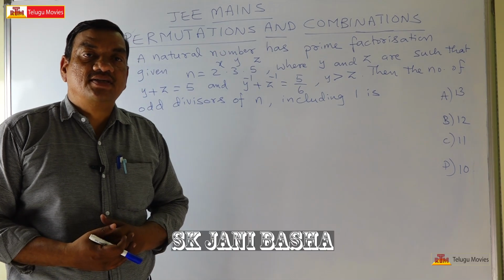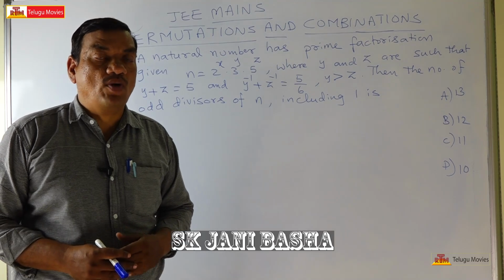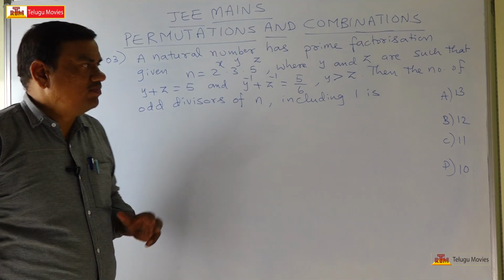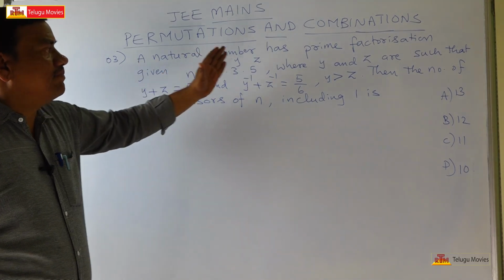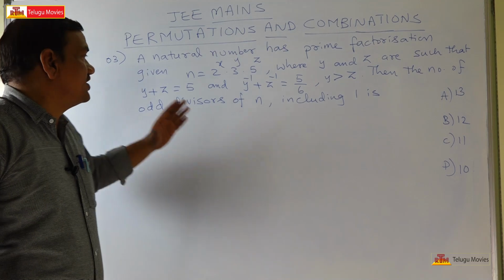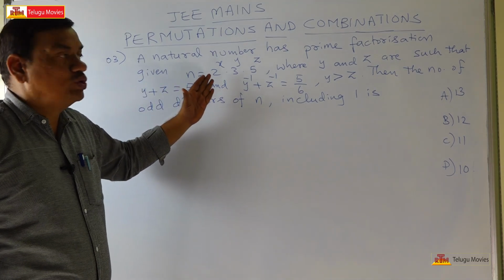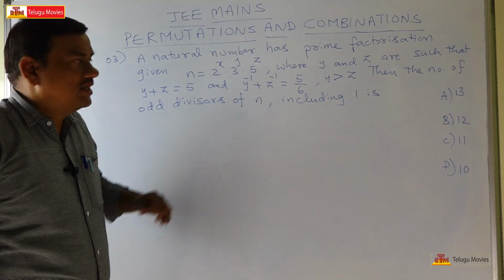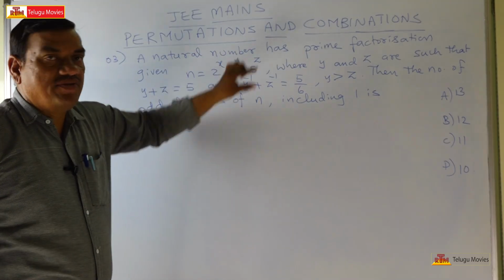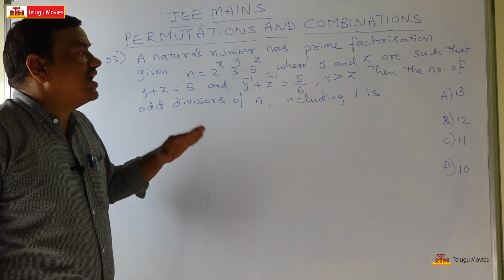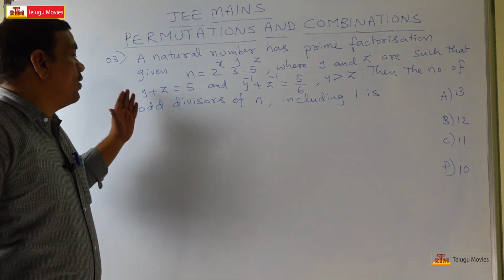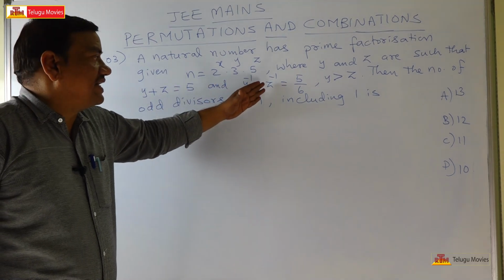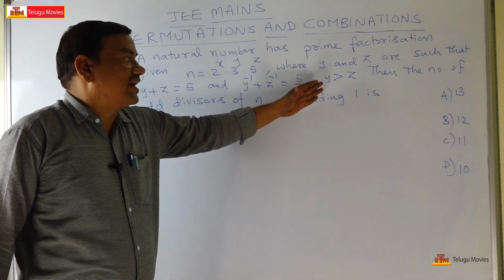So dear students, welcome to our third problem in this session. First I will read the problem, try to understand the problem. A natural number has prime factorization given by n is equal to 2 power x into 3 power y into 5 power z, where y and z are such that y plus z is equal to 5 and y inverse plus z inverse is equal to 5 by 6, and y is greater than z.